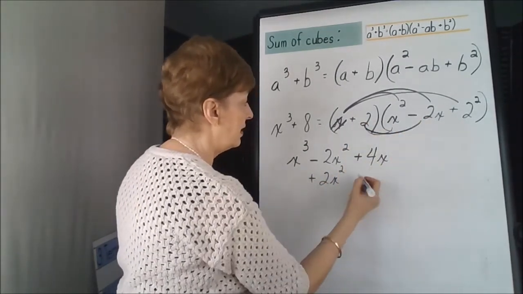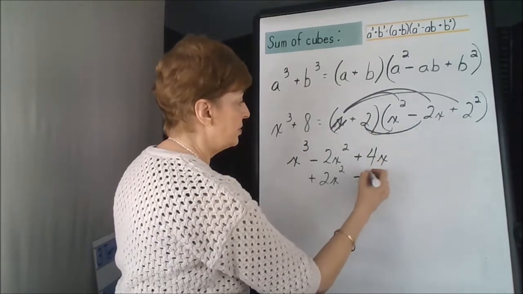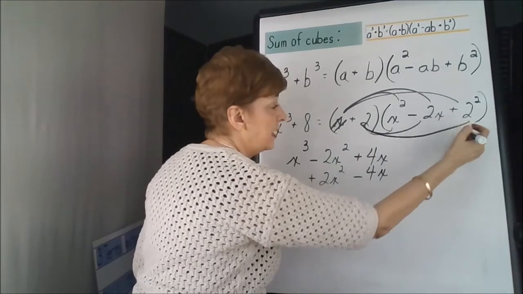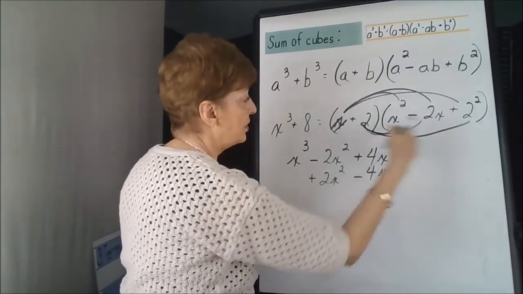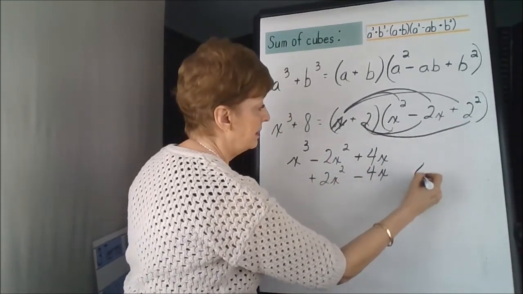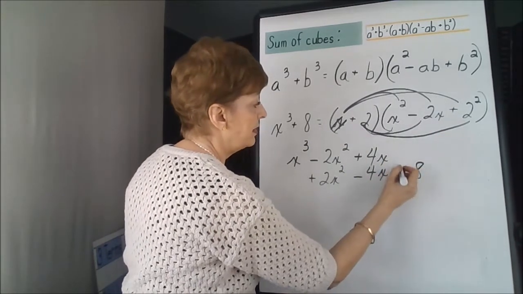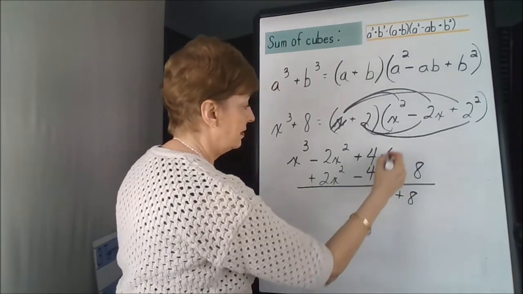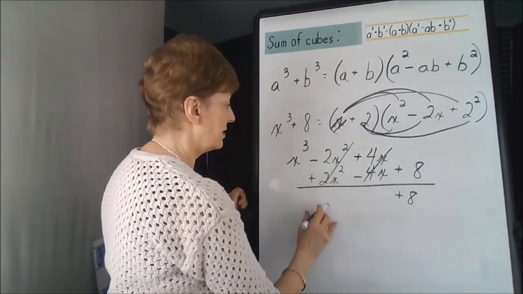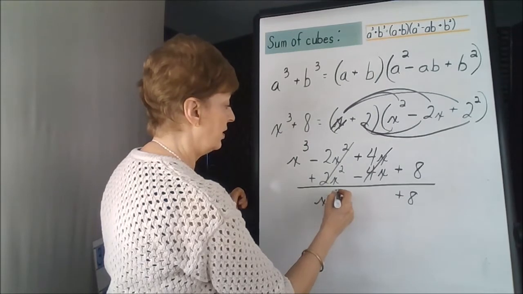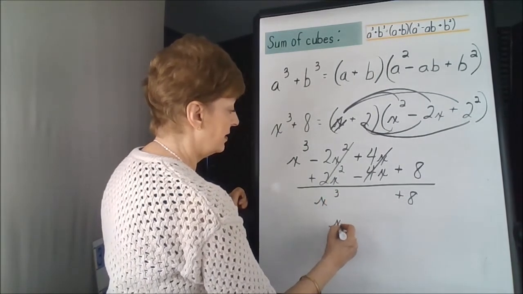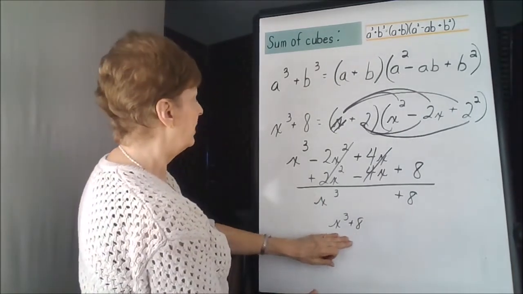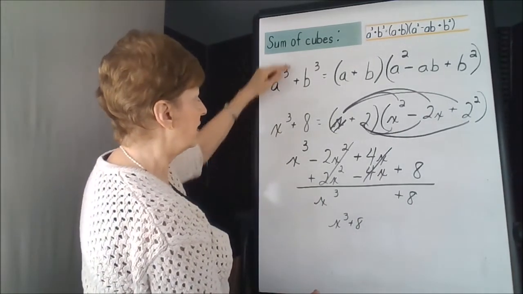Positive times a negative is a negative. 2 times 2 is 4x. 2 times 2 is 4. 4 times 2 is 8. Positive times a positive is a positive 8. Cancels. Cancels. X cubed plus 8. The sum of cubes.